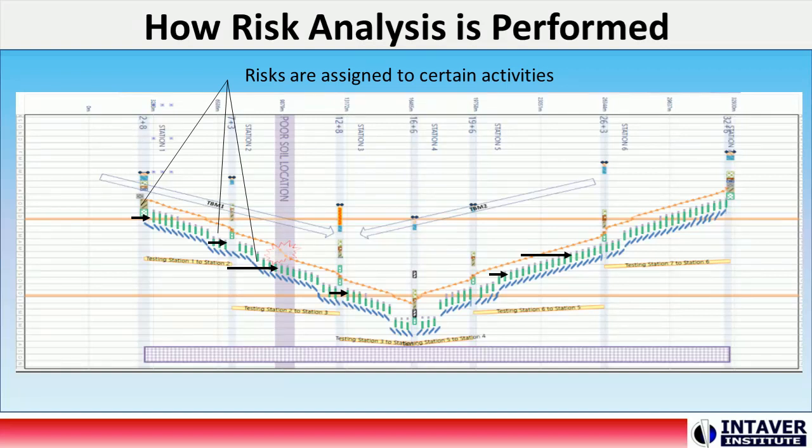At this point, a simulation is run and probabilities of meeting specific objectives can be determined. The results of this analysis can be exported back into the location-based chart, which allows a visual comparison of the current schedule versus the more realistic risk-adjusted schedule.